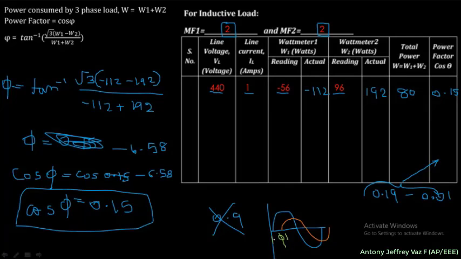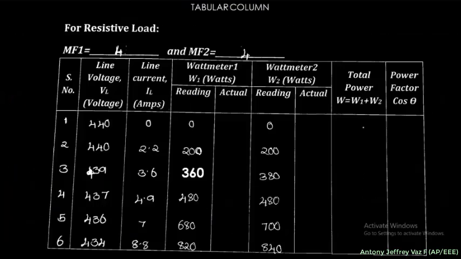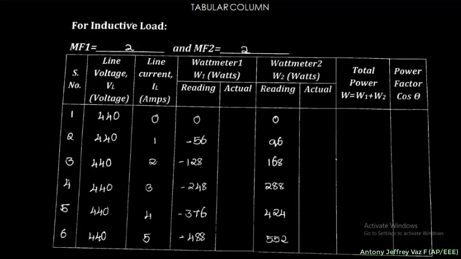When you take the difference between this value and this value in time period, this is the time axis, you have a phi value, and this lagging power factor is represented here. I ask you to note these values into your tabular column. And here are other values for inductive loads also. Please note these values in the tabular column.